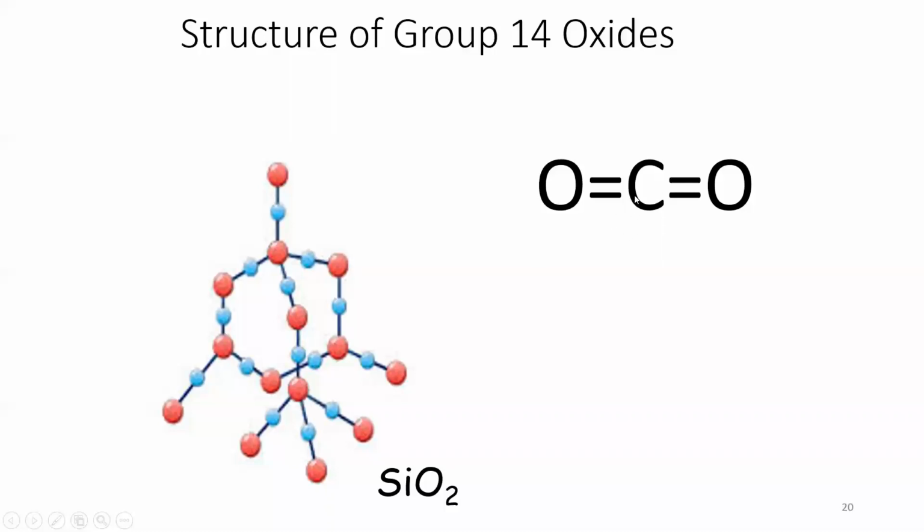So what is showing is that you have the element or the metal, and we have the oxygen attached. So in terms of silicon oxide, that is the structure. So you have your silicon, and we have your oxygen. So the red represents the silicon, while the blue represents the oxygen.